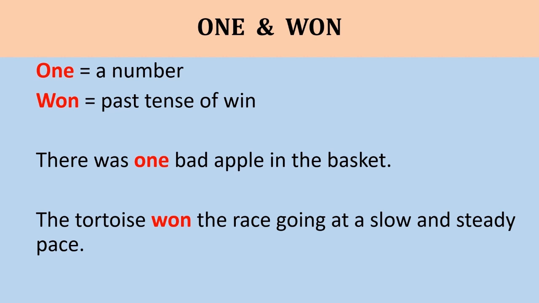Let us see two sentences using them. There was one bad apple in the basket. The next sentence is, the tortoise won the race going at a slow and steady pace. This story I have already told you. I'm sure all of you know this story also. So that is W-O-N.